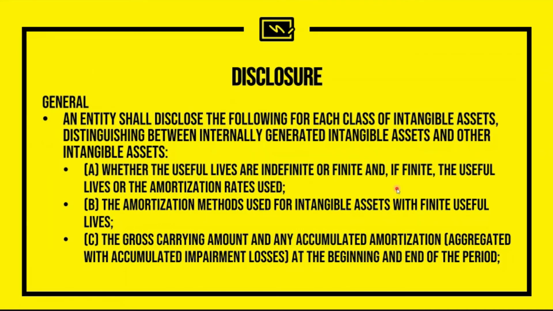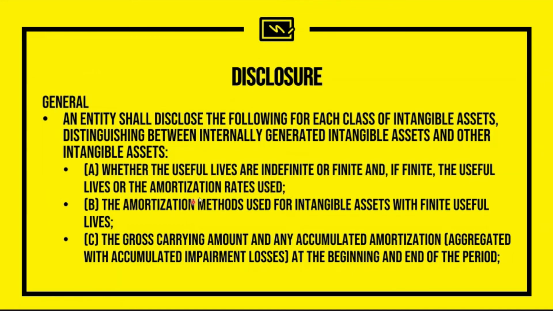Are actually the same as the general disclosures for property, plant, and equipment. So if you look at it, basically, the entity shall disclose the following for each class of intangible assets, distinguishing between internally generated intangible assets and other intangible assets. Okay? So if the useful life is indefinite or finite, and if finite, the useful lives or the amortization rates used.